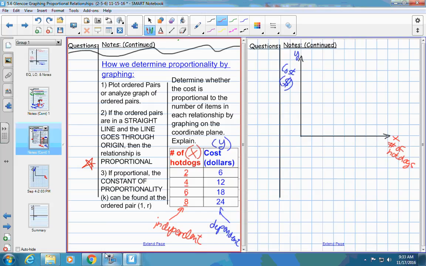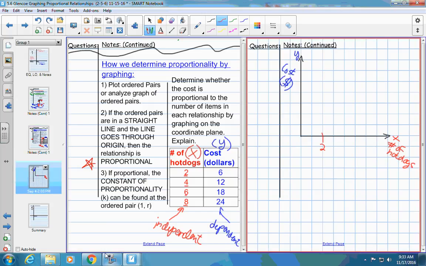We're going to go 2, 4, 6, 8. Notice I'm drawing these on the lines of the coordinate plane, the blue lines. I had to actually move my 8 to get that to work, because it's important to realize that when we plot ordered pairs, we want to use the lines of the graph paper. We're not trying to place ordered pairs in the center of the square at all.